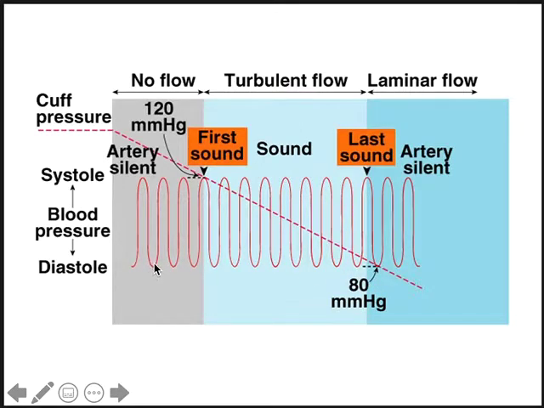That's diastole. And then again, right? So boom, boom, boom, boom. As you continue to release the pressure in the cuff, you keep hearing these Korotkoff sounds until you've restored laminar flow, and then it's silent again, right? So systole, diastole. Systolic blood pressure, diastolic blood pressure.